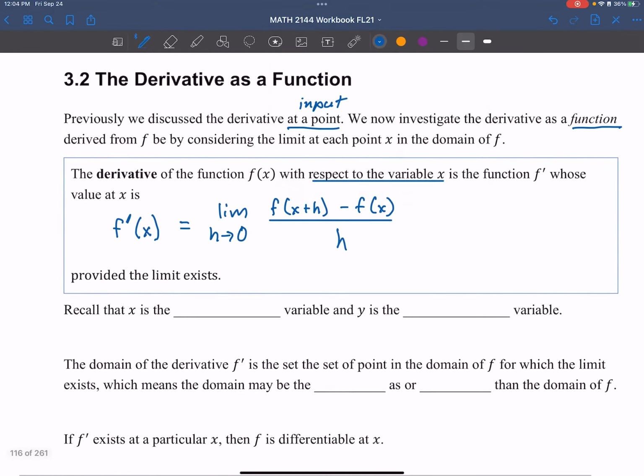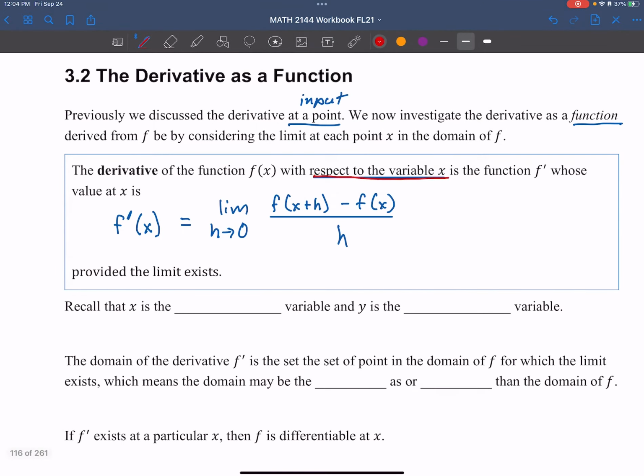Talking a little bit more about this phrase with respect to variable x, recall that x is the independent variable and y is the dependent variable. So this is what we consider in our most general form, but again, we'll also consider other scenarios where, for example, time is the independent variable and position is the output.